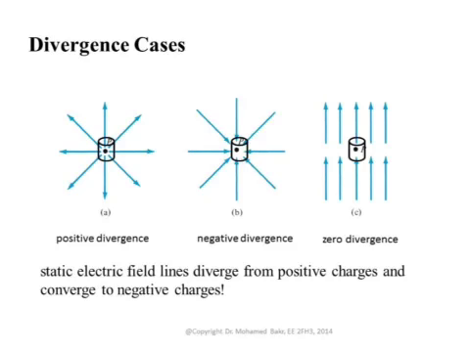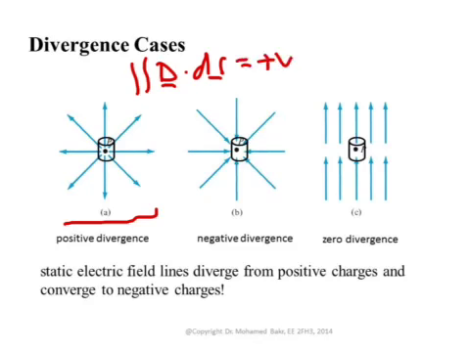For example, here I have a point B. Maybe take a look at this figure here. I have a point B, and the field lines are all starting at point B. They are diverging from point B. So if I do a closed surface integral over this tiny cylinder, the integral of the field, I will call it D dot dS, will likely be a positive number. Why is it a positive number?